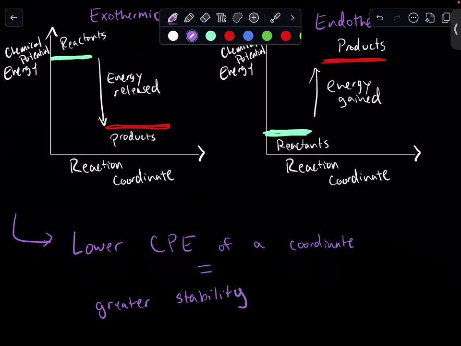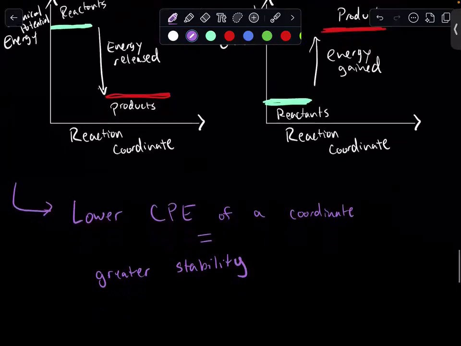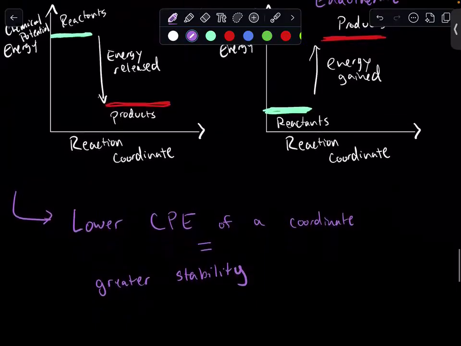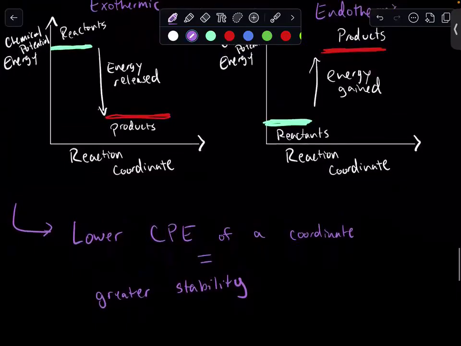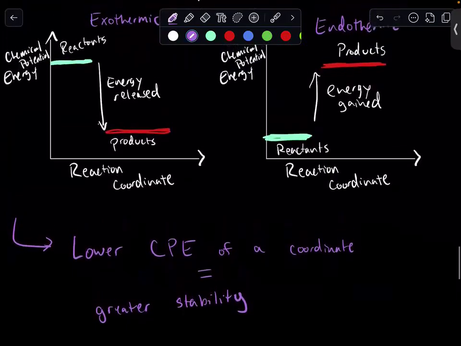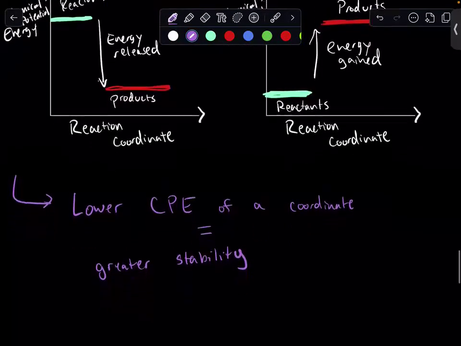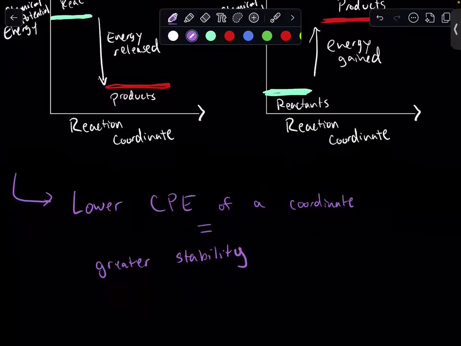They want to be in the lowest possible energy level. Well, reactants and products tend to want to be in the lowest chemical potential energy. Therefore, they are more stable. So exothermic reactions tend to create more stable products than endothermic reactions. Anyways, I hope this helps you understand endo and exothermic a little bit better, and have a great day.